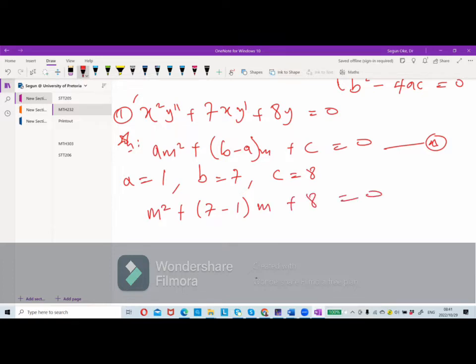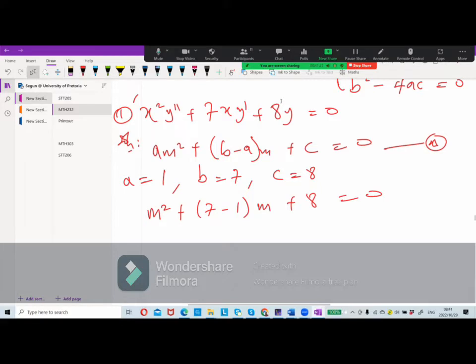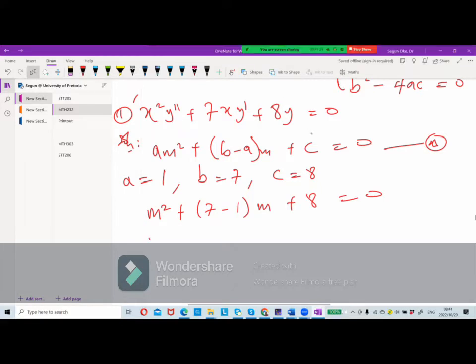Any question? Silence means no question. Okay. m squared plus 6m plus 8 equals 0. Right? So can you tell me, how do we factorize this?